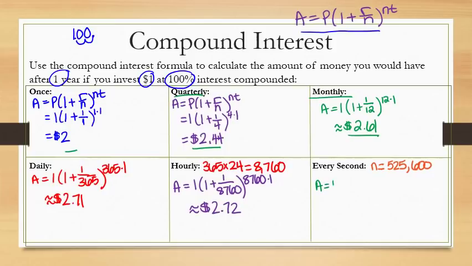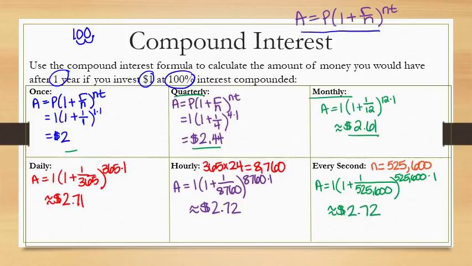So the amount equals 1 times (1 plus 1 over 525,600), all to the 525,600 times 1. When you substitute that in your calculator, you'll get about 2.72.